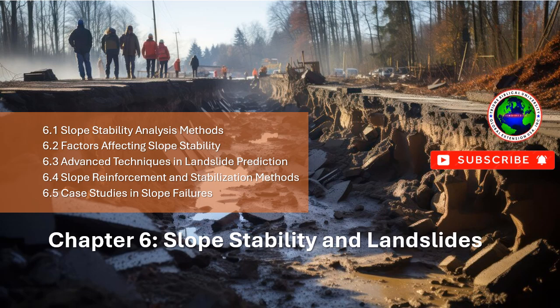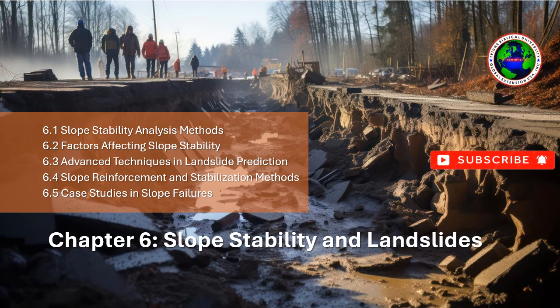The slope consisted of unstable glacial deposits and poorly consolidated sediments, which were prone to failure under conditions of heavy rainfall. Lack of early warning systems. While landslides were a known risk in the area, there were no early warning systems in place to alert residents to the imminent danger.